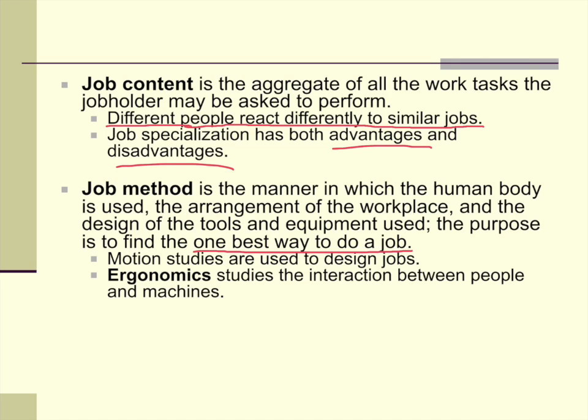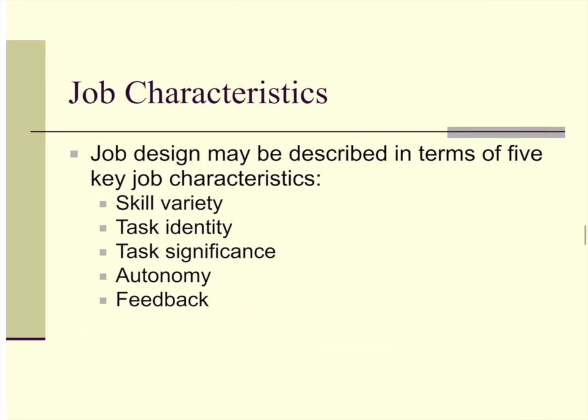So the workspace, tools, and equipment must be arranged. What for? To get the one best way to do a job. Motion studies are used to design jobs. Economics too. That is the job method.